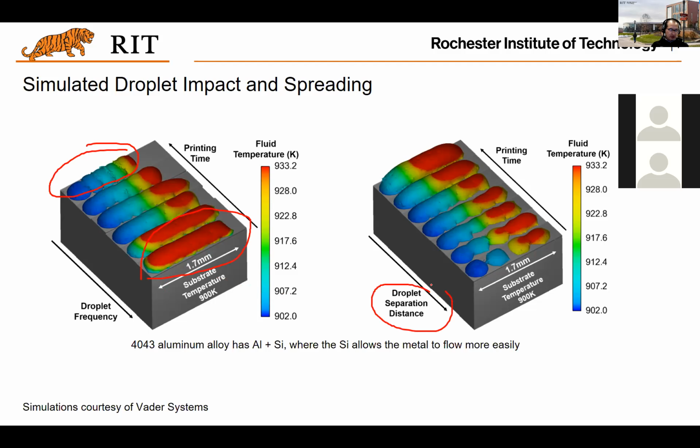Also, if you control the droplet separation distance, usually a larger distance will produce, I would say, a sparse droplet distribution on the printing platform, and vice versa, right? You have to balance these two to make sure the best quality trace will be printed during the printing process.